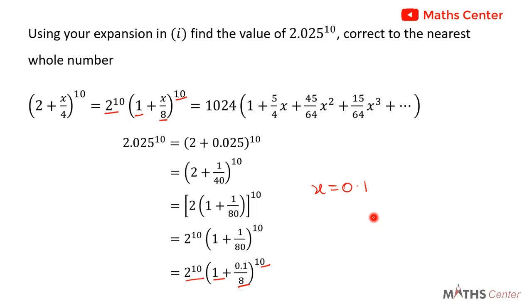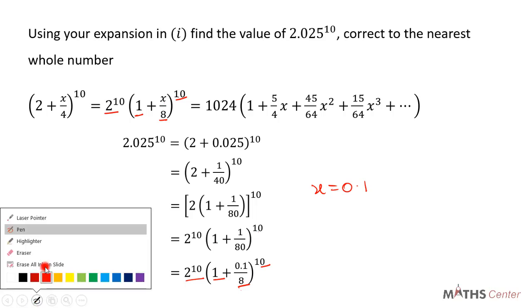And 0.1 is less than 8. Remember we said that the value of x that we substitute should be less than 8. That is the condition. Here x is 0.1, which is obviously less than 8. So we can substitute 0.1 in here and it's going to give us the value of 2.025 exponent 10.